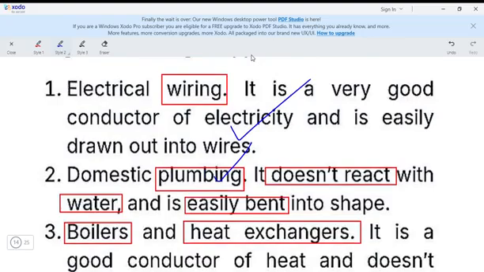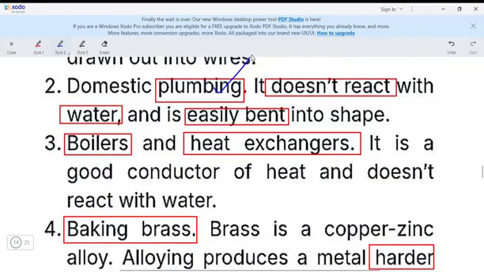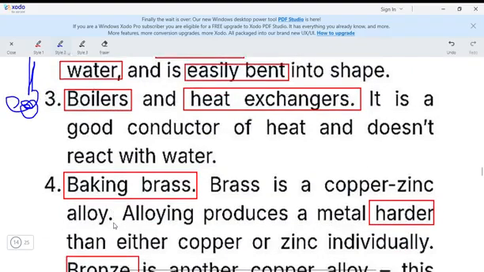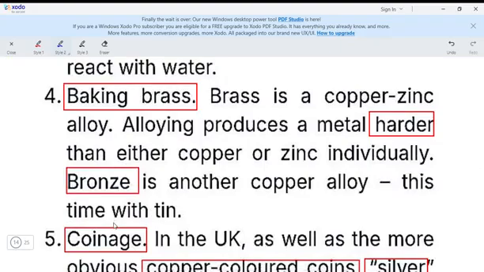Because if water is passing through the plumbing material, it can't affect copper. And again, you can easily bend copper, so that's why it's good for plumbing. Also boiler rings, because copper can conduct electricity and exchange heat, and water cannot affect copper, so it can be put inside water.